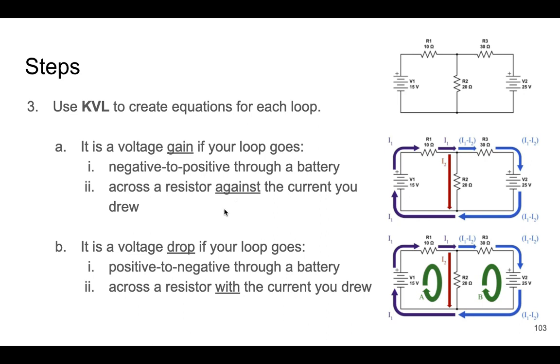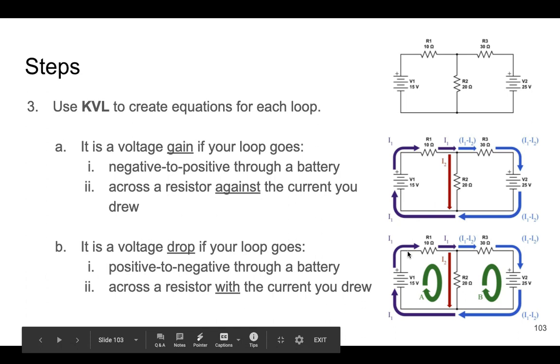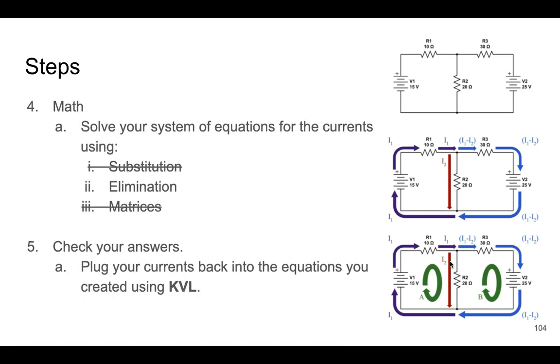The flip side is it's a drop if you're going from the positive terminal to the negative terminal of a battery. And it's a drop if you're going through a resistor with the current that you drew. So you use the loops, you get 2 different equations, and then you solve your system of equations using, I'm going to recommend, elimination, but lots of ways would work. And then you go back and you check your answers.